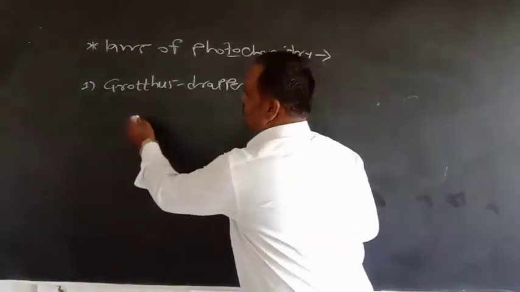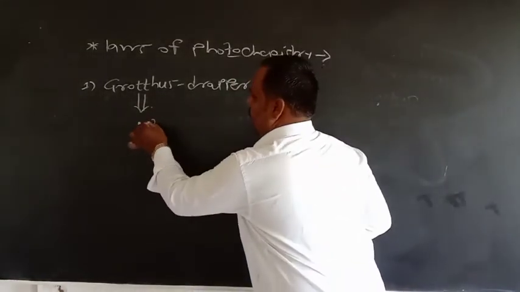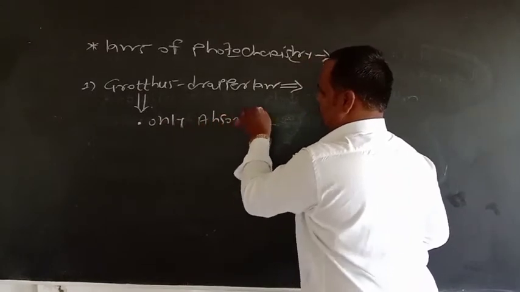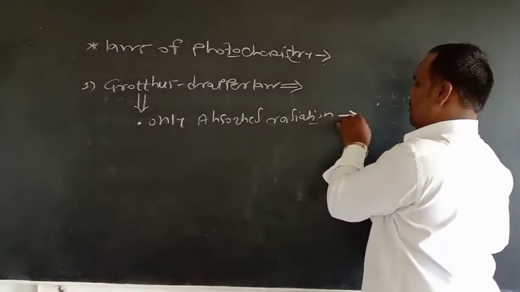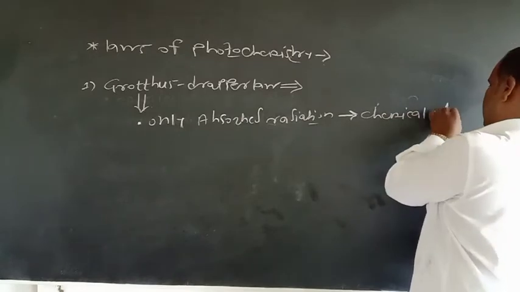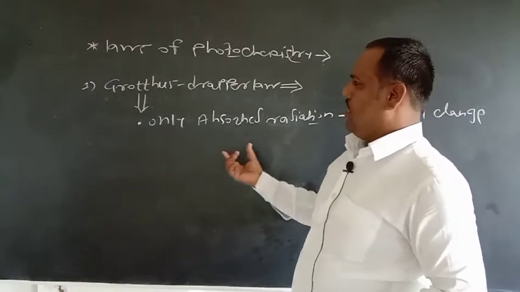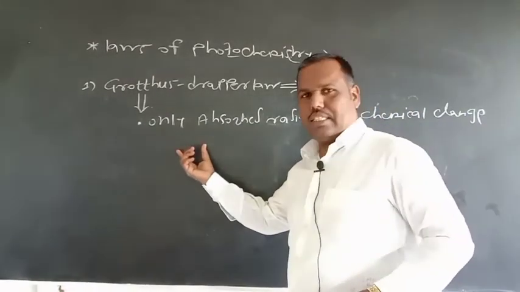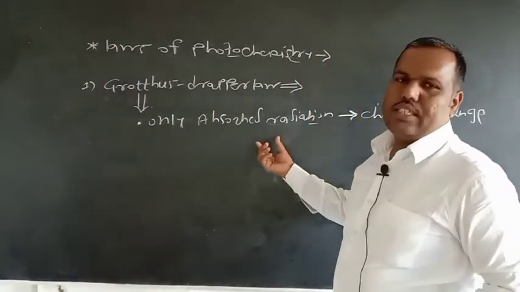So the main important point of this Grotthus-Draper law is that only absorbed radiation results in the formation of chemical change. Not all the radiations are absorbed by the molecule, by the system. Only those radiations which are absorbed result in the chemical change.